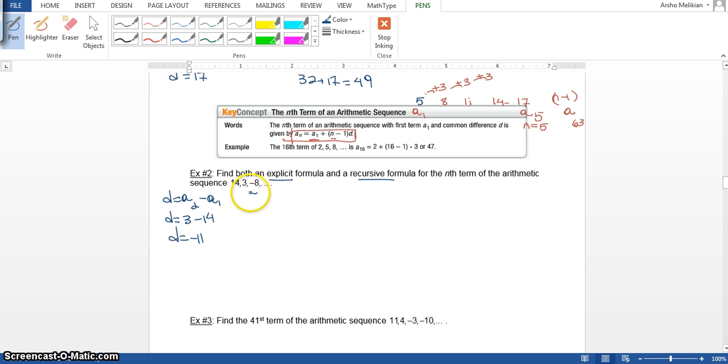Now, to write an explicit formula, we're going to use this formula. So an is a1 plus n minus 1 times d. Okay? So let's see what an is here. It's a1, which in this case is 14, that's the first term, plus n minus 1, times negative 11, since negative 11 is d.